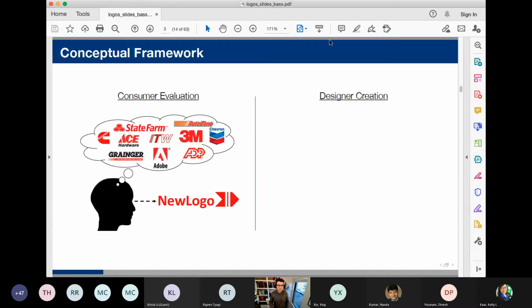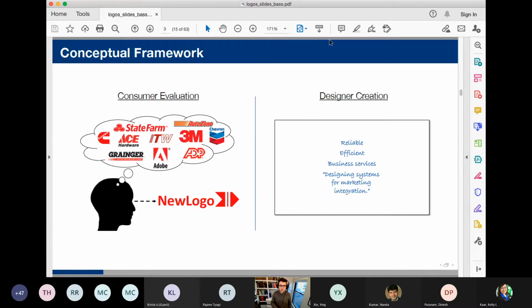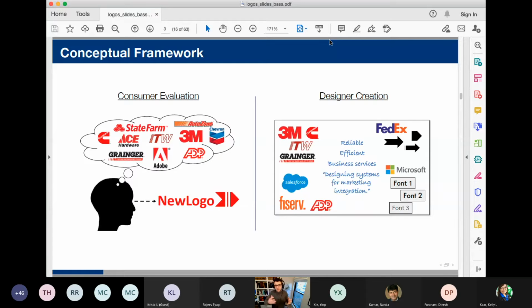That is also what designers have in mind when they create new logos. So for instance, when designers are creating a new logo, they very often go through a process of mood boarding, which typically follows a structure like this. They've been given a brief from some client that says, I want my brand to be perceived as reliable, efficient, that we operate in the business services space, and that the really specific thing that we do is design systems for marketing integration. Given this, designers often start by thinking, if we're thinking about reliability or efficiency, are there some firms that come to mind?